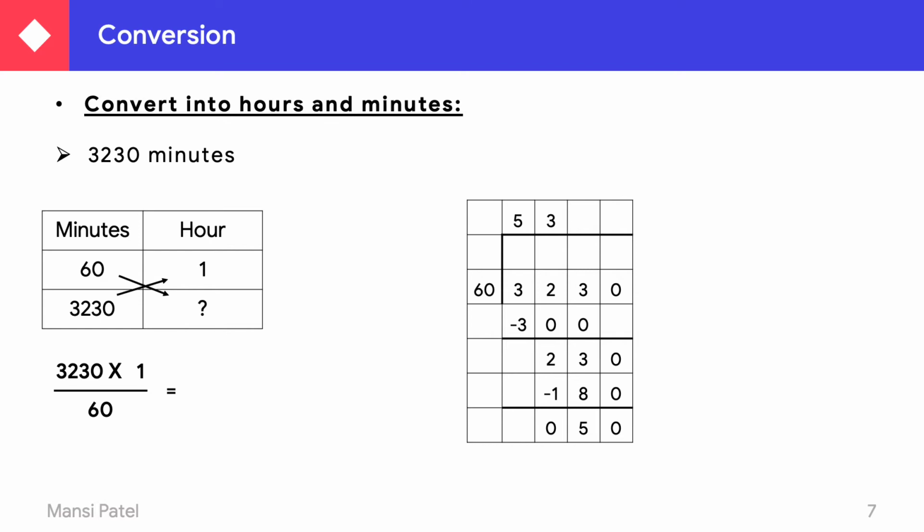So in hours and minutes, which unit is big? Yes, hour is big. So 53 is known as hours and the remainder 50 is known as minutes. So your answer is 53 hours and 50 minutes.